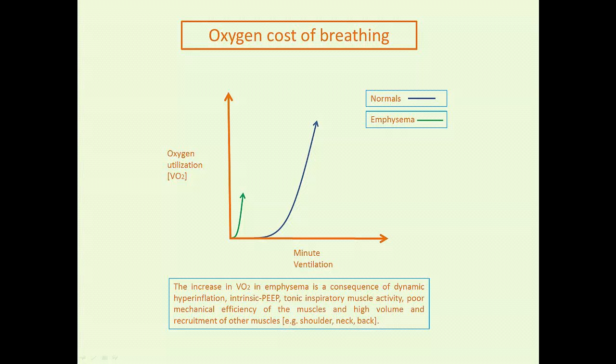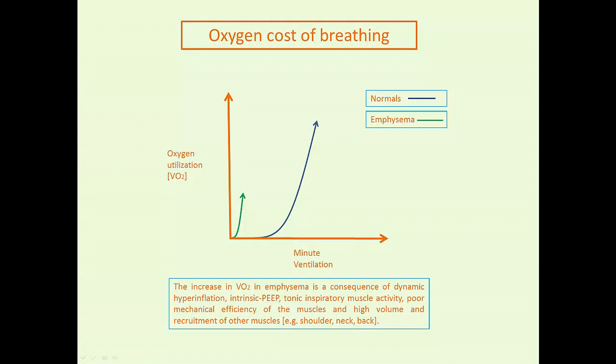The reason that occurs in emphysema in particular is that, and we talk a lot about this in Chapter 5 actually, there's dynamic hyperinflation, so there's a decrease in lung and chest wall compliance, so an increased amount of work goes into changing your lung volume. There's intrinsic PEEP, a threshold load applied essentially to the alveolus that must be overcome by inspiratory muscle tone to drive airflow.